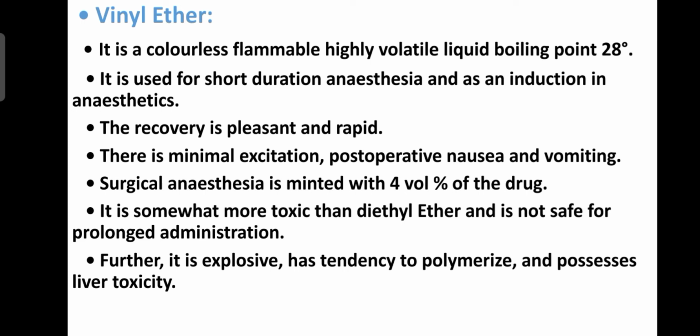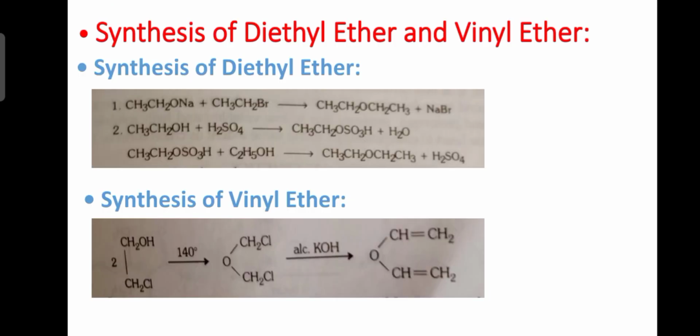Surgical anesthesia is maintained with 4 volume percent of the drug. It is somewhat more toxic than diethyl ether and is not safe for prolonged administration. Further, it is explosive, has a tendency to polymerize and possesses liver toxicity. Synthesis of diethyl ether and vinyl ether.